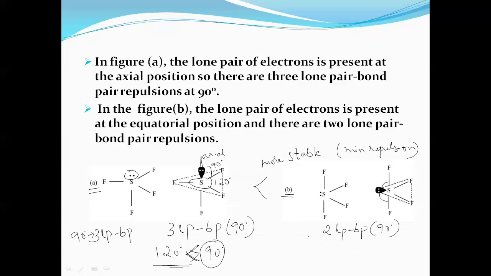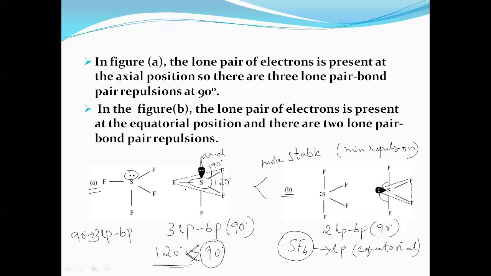So SF4 will try to have the lone pair of electrons at the equatorial position, because it has less repulsion when compared to when these electrons are placed at the axial position. So figure B is more stable when compared to figure A because of the minimum repulsions.